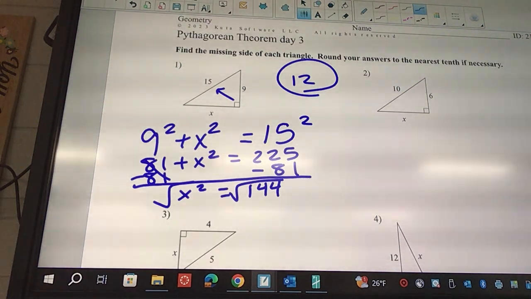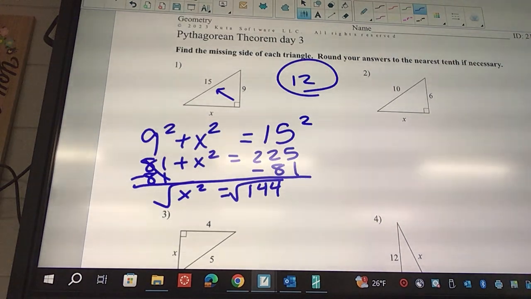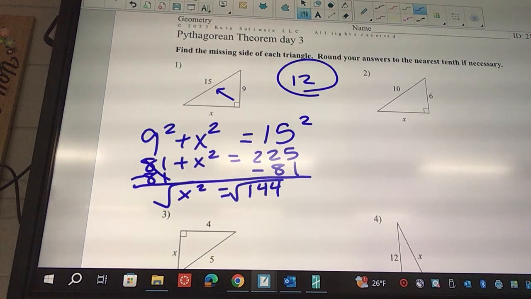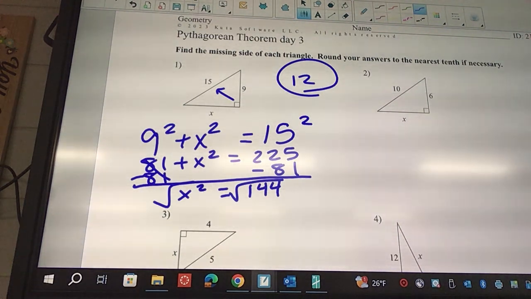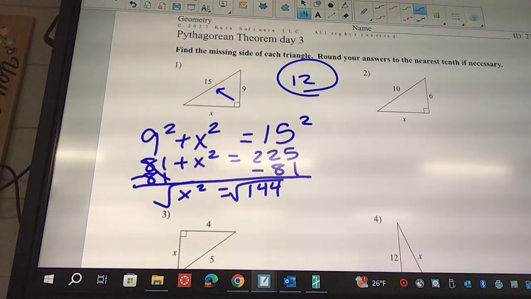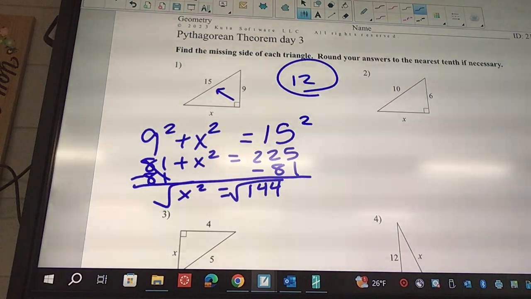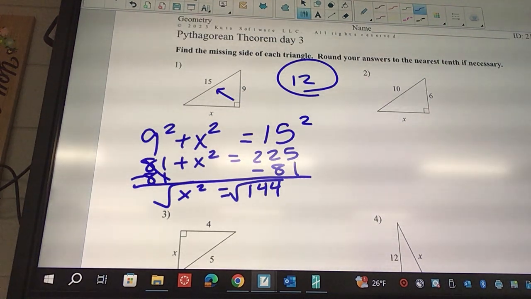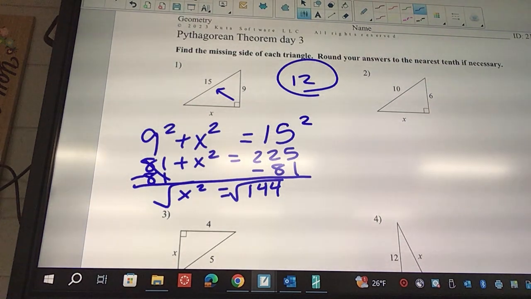Should be less than A and B. No, A plus B. My x should be less than what? 15. Why 15? Because A plus B equals 15. Yes, so we know that C is the biggest side, okay? It's always going to be the biggest. So in this case, my number should be less than 15.